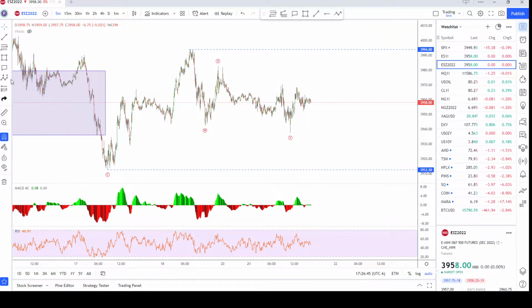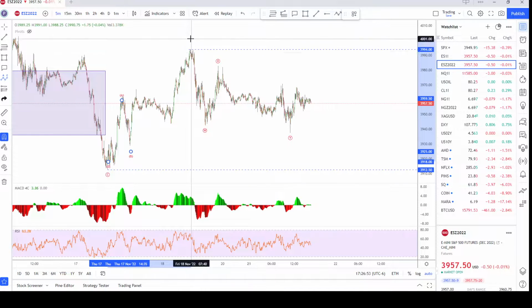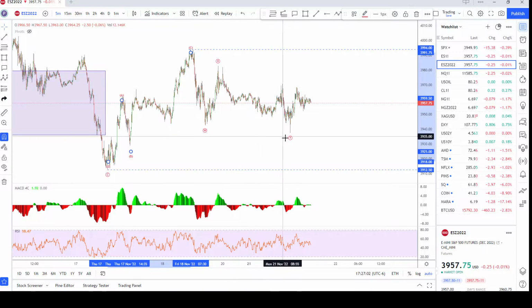This ended up just being a 3-wave up move, an A and a B and a C up here. And then today we had 3 waves for a W, 3 for an X, and 3 for a Y, and now it's just oscillating here, correcting this up move.